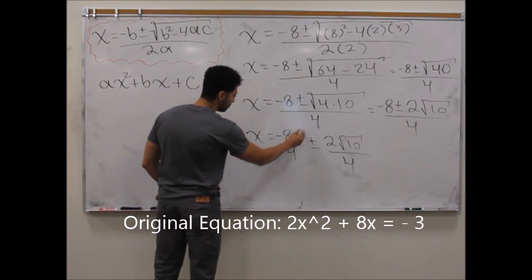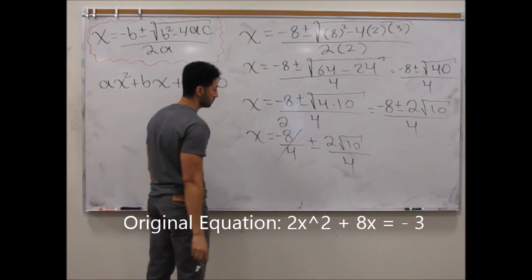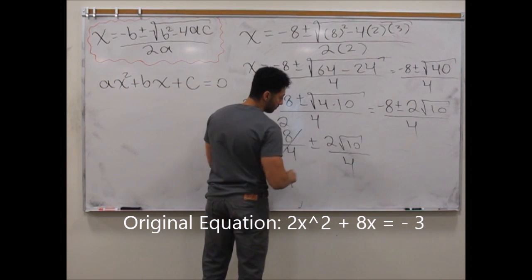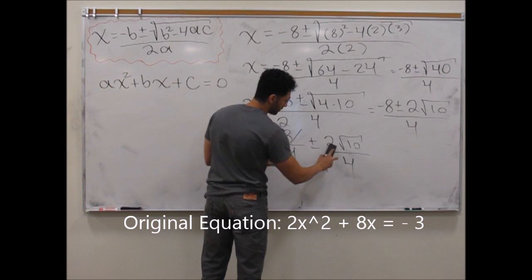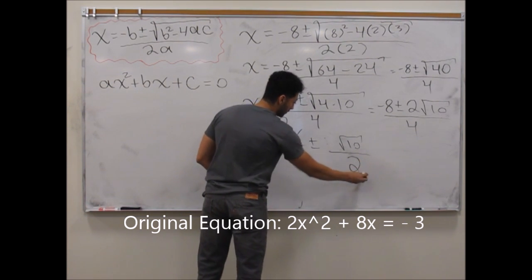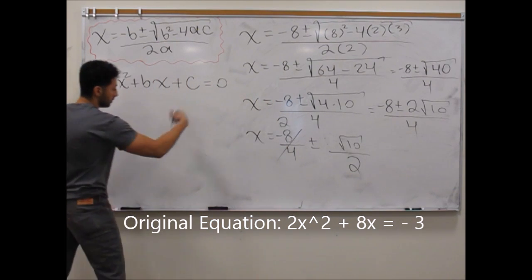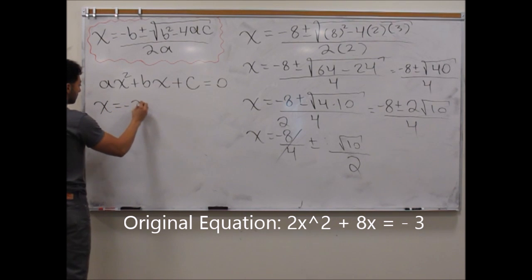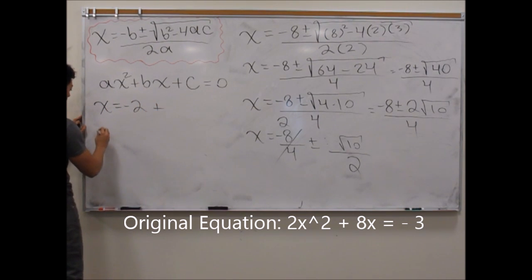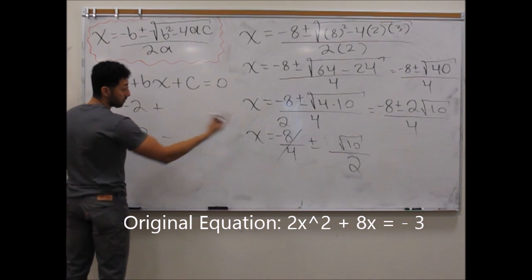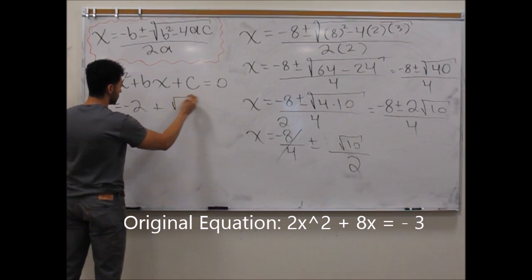So this will be 2. And 2 goes into 4 2 times, right? Negative 2. So we got x is equal to negative 2 plus rad 10 over 2, and we also have that x is equal to negative 2 minus rad 10 over 2.